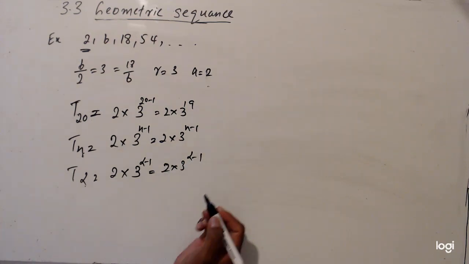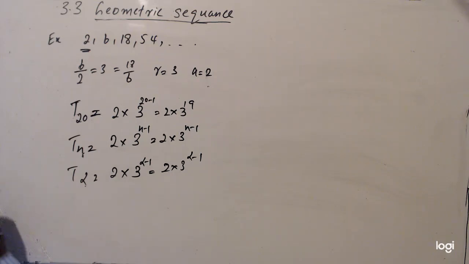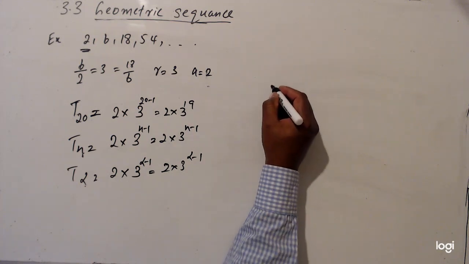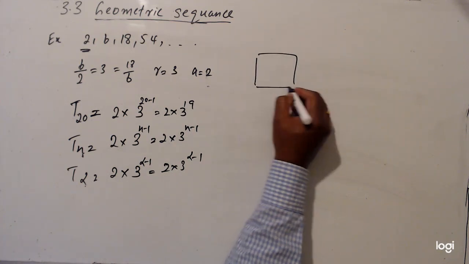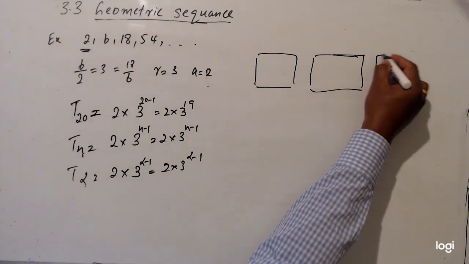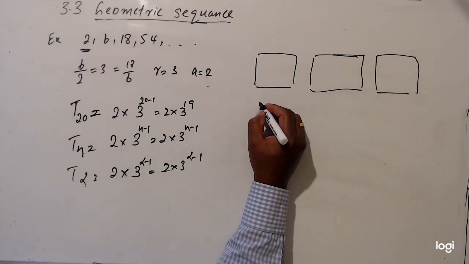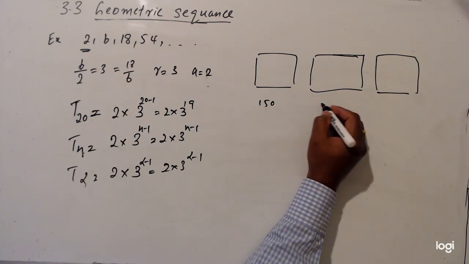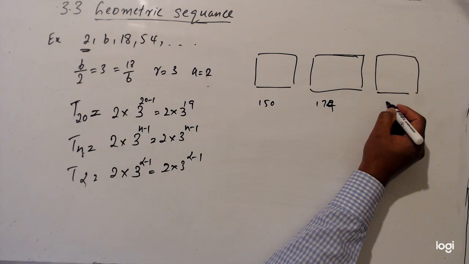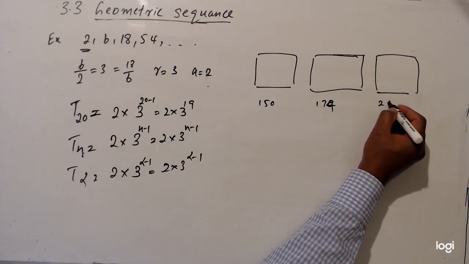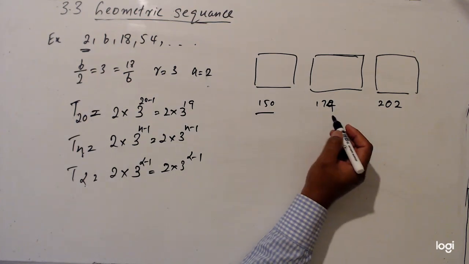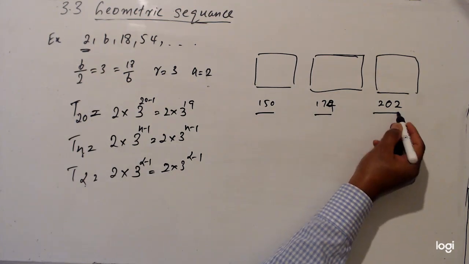I rewrite this one. How do you write these terms? 150, 174, and let's say 202. 150 terms, 174 terms, 202.